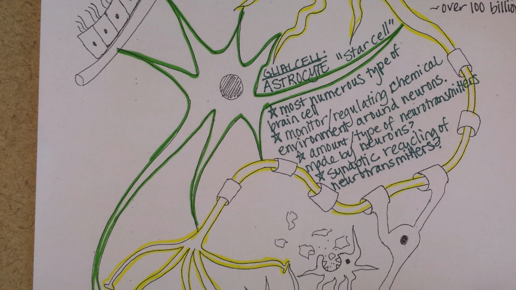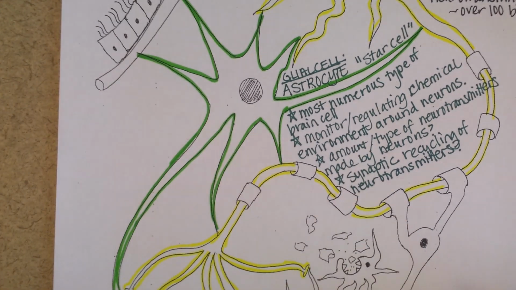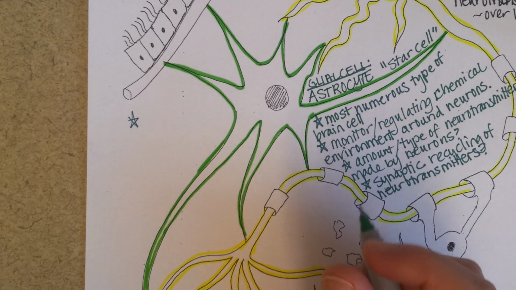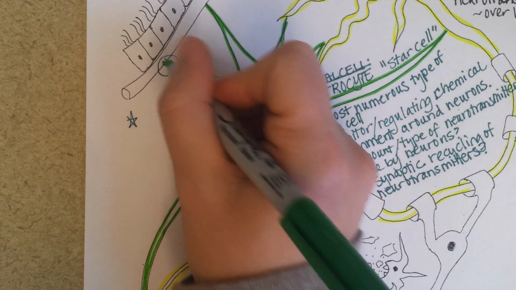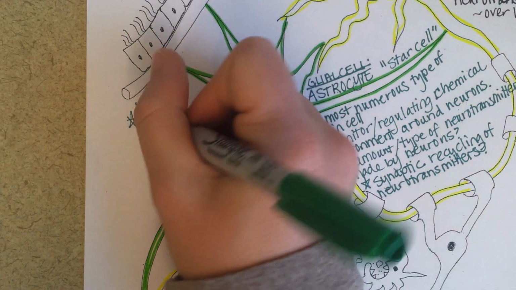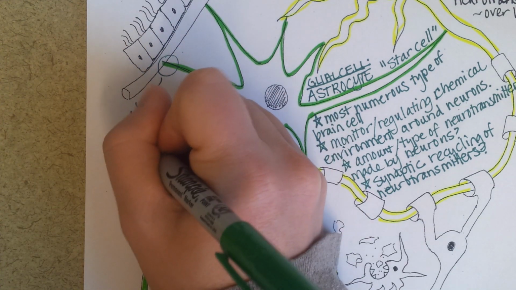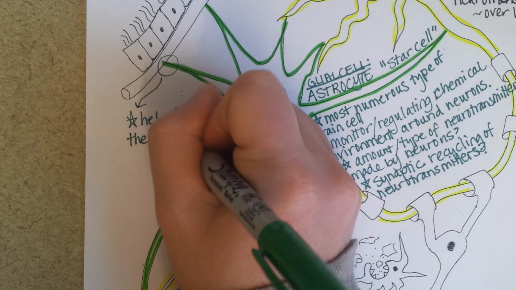Okay, another job of astrocytes, I'll put it over here because I ran out of room right there, so still with your green pen though, is that they help form the blood-brain barrier.